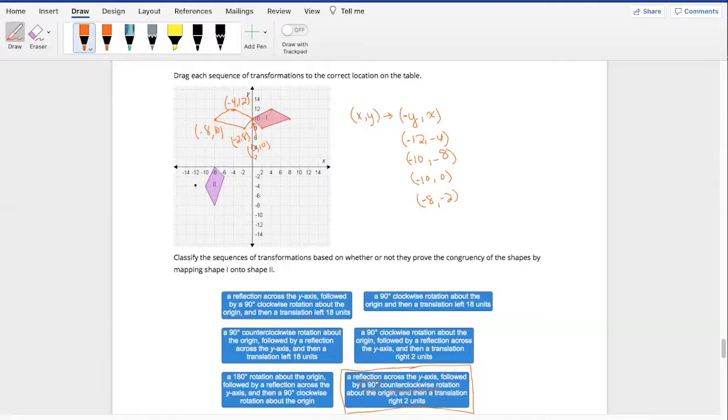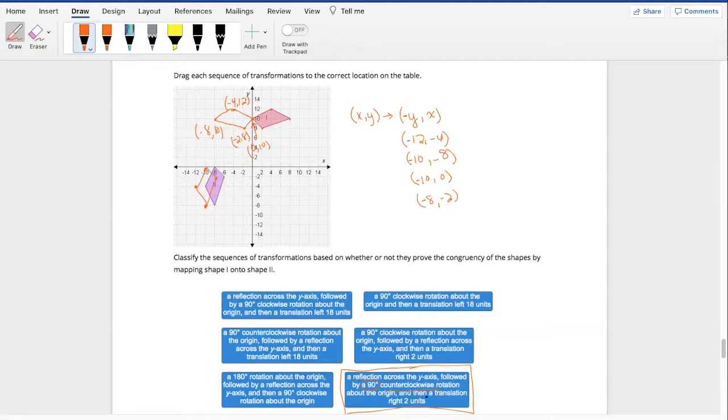-12, -4; -10, -8; -10, 0; -8, 2. So it's almost matching up on shape 2.